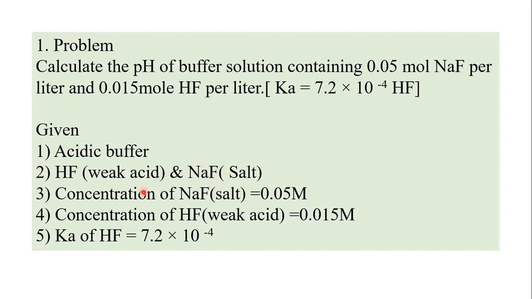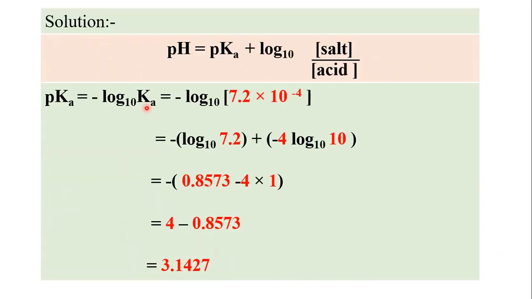So the concentration of sodium fluoride is given, that is 0.05 molar, and concentration of weak acid HF is 0.015, and dissociation constant of weak acid is 7.2 into 10 raised to minus 4. So substituting this value we can calculate pH of the solution.